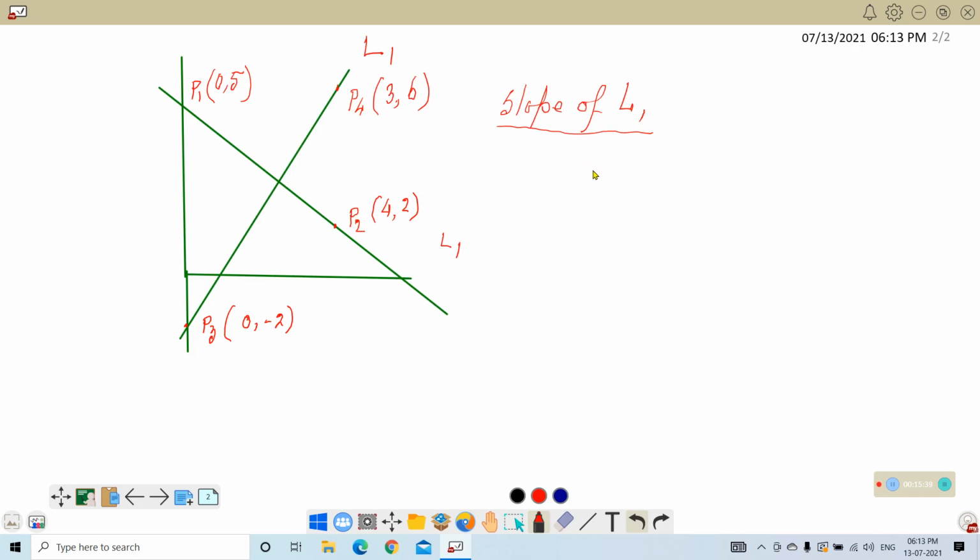Slope of L1 is equal to M. You can say it M1 also. But according to the book, this is M, and M is equal to, we have known, delta y by delta x.